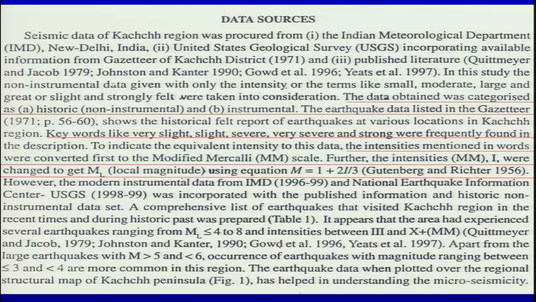Apart from the large earthquakes with magnitude greater than 5 and less than 6, earthquakes with magnitude ranging from 3 to 4, these micro earthquakes, were more common in this region, and this helped us in understanding the distribution of microseismicity.